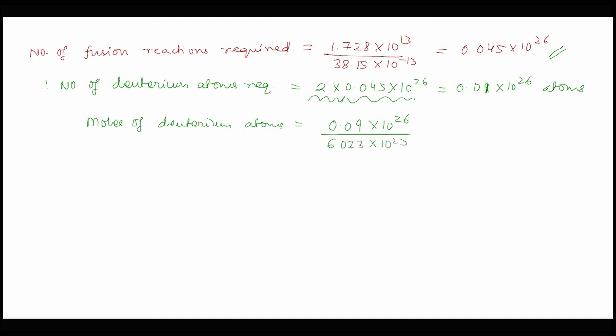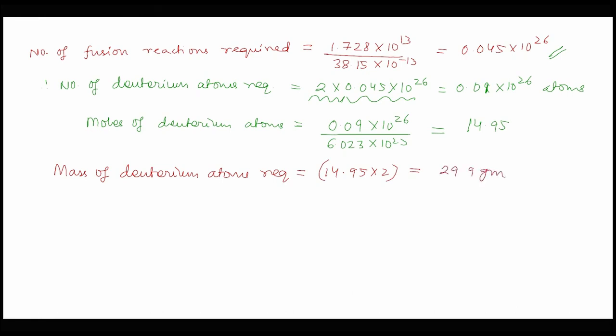We obtain a value equivalent to 14.95 moles of deuterium atoms. Now we can calculate the mass in gram of deuterium atoms required, which is 14.95 into 2, equal to 29.9 gram.